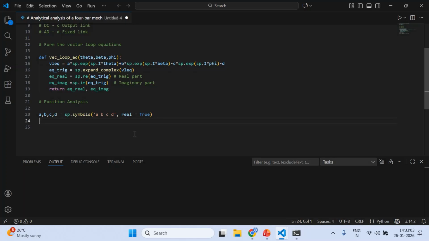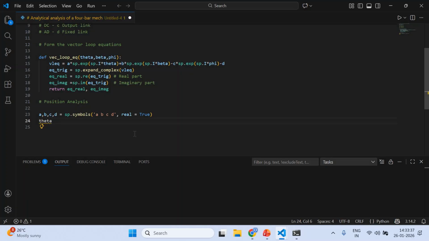Now again, theta, beta and phi, we are going to define these angles as symbols. Just note it down here that for now we are provided with the values of link lengths A, B, C and D. So it is always better to treat theta, beta and phi as symbols, and you can treat these values for now as real numbers.